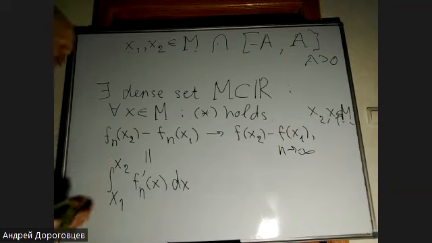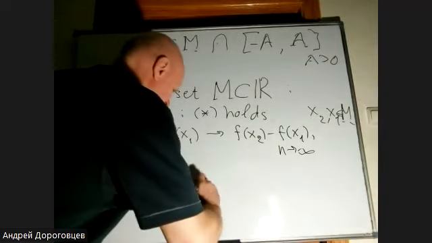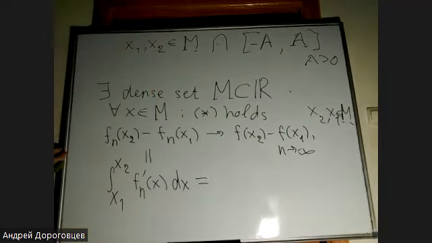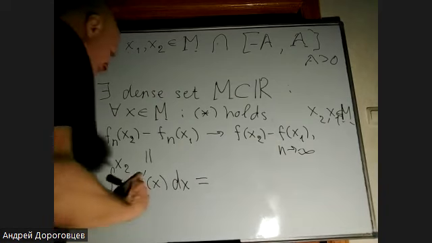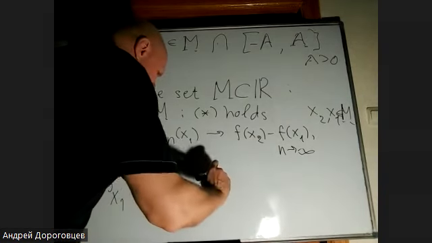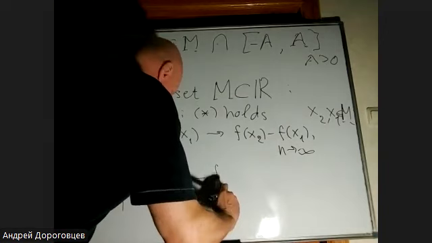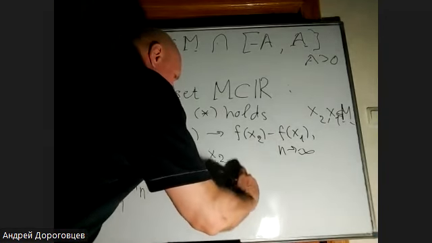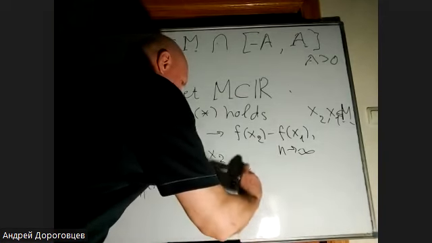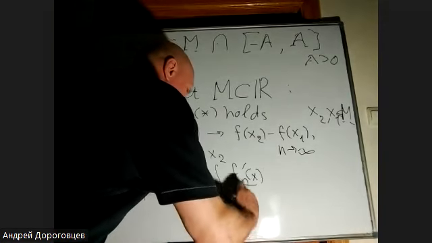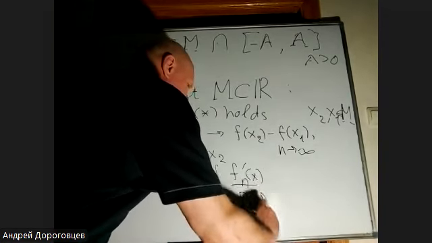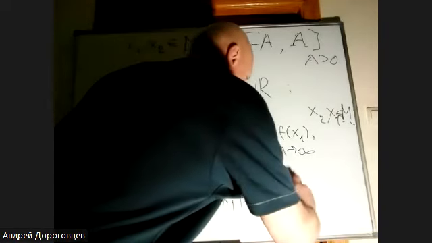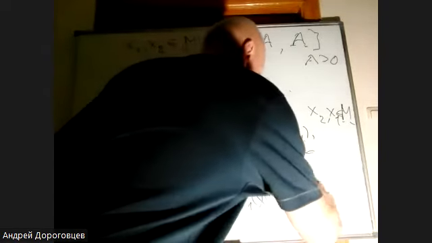Then I can continue and write the following. It's equal to the integral from x1 to x2 of fn prime of x divided by p1 of x, multiplied by p1 of x dx.